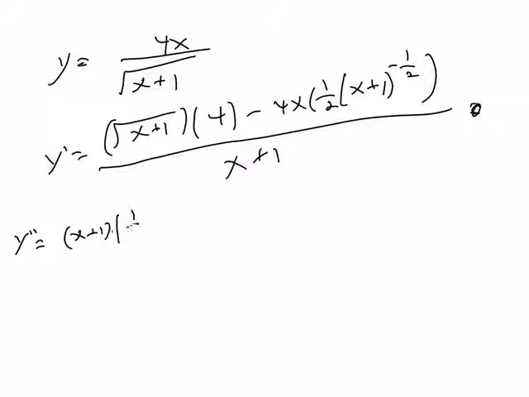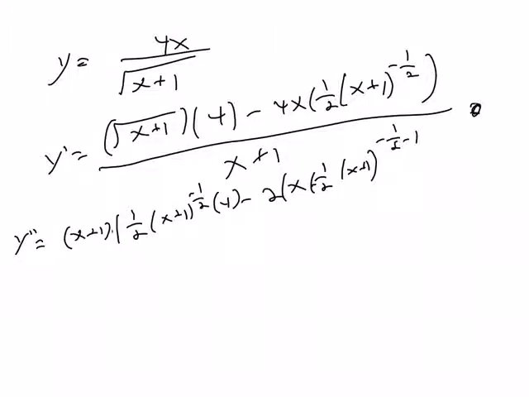Derivative times a half x plus 1 to the a half all times 4 minus, and then over here we're going to have 4 over 2, so this is 2, and then we're going to have a product rule, so we're going to have x times a half, negative a half, x plus 1 to the negative a half minus 1, and then plus a half, no, the half was x plus 1 to the negative a half times derivative of x, which is 1.